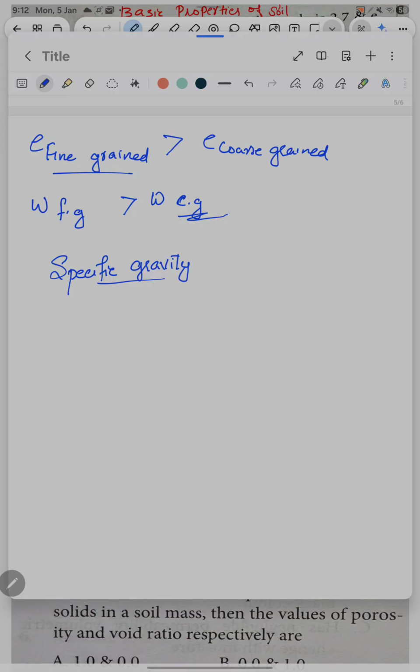Next, we are going to study specific gravity. Mainly 2 specific gravities, one is true specific gravity, or we can say absolute specific gravity. Absolute specific gravity or true specific gravity is denoted by GS.